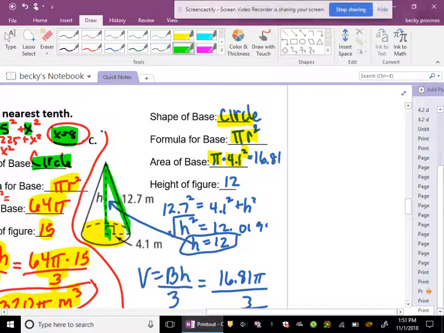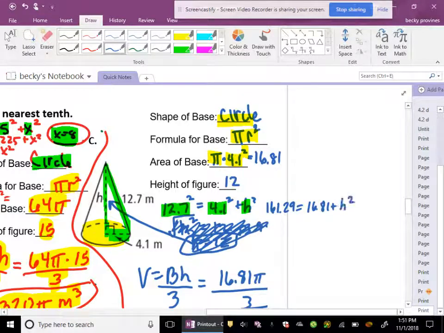So I'm going to have to draw in a right triangle and solve for that height. So my hypotenuse is 12.7, and this radius at the bottom is 4.1, and I have to solve for h. Okay, so I'm going to do some Pythagorean, and looks like some of my work got cut off, so I'm just going to redo this over here. 12.7 squared is 161.29 equals 16.81 plus h squared.